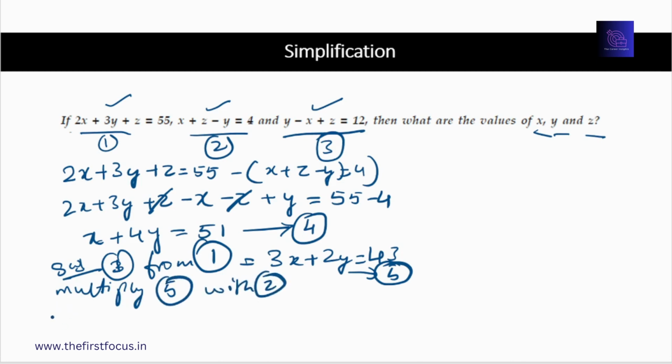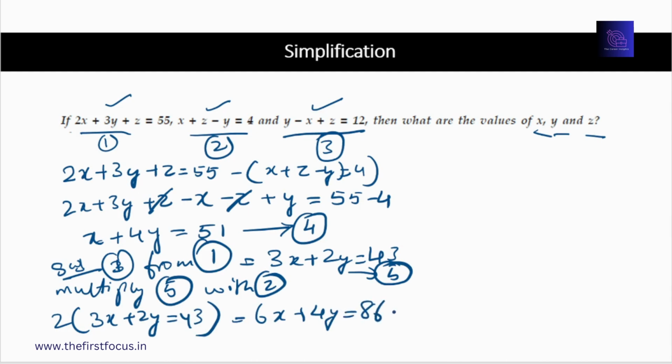So I get 2 into 3x plus 2y is equal to 43. That is equal to 6x plus 4y is equal to 86. This is my new equation 5.